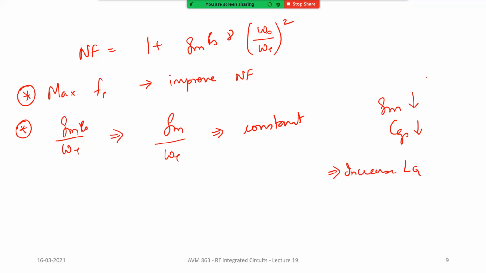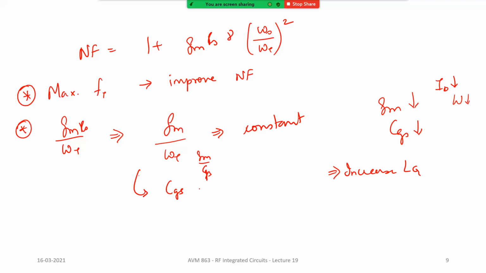Okay, so you can reduce GM by reducing current or reducing the width. Now CGS will reduce, GM will reduce, GM by omega t will kind of remain constant, right? Then this term can be written as GM by CGS.